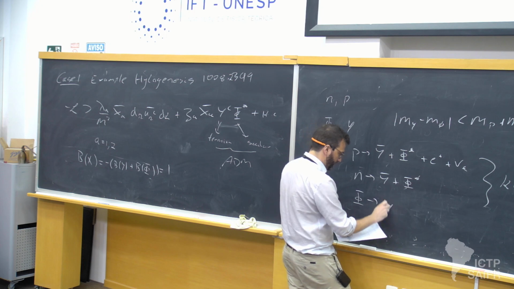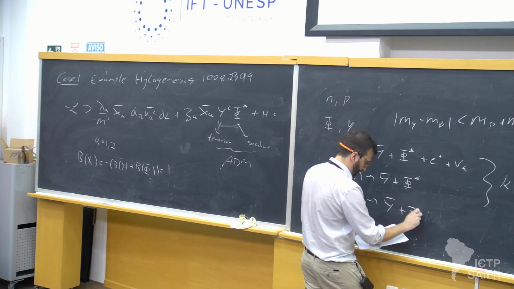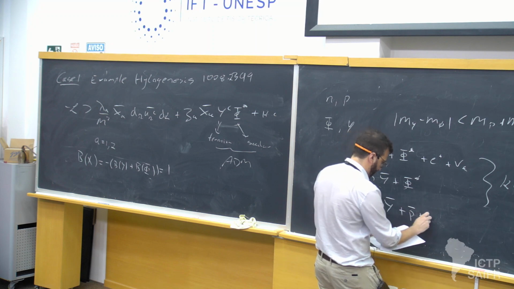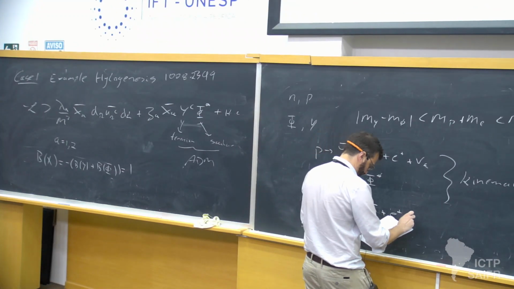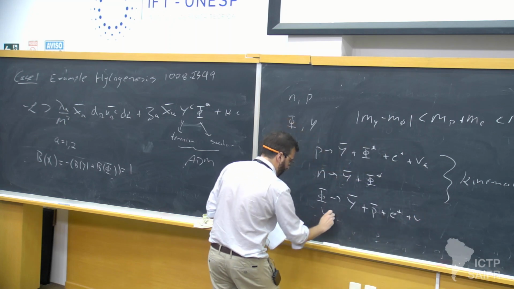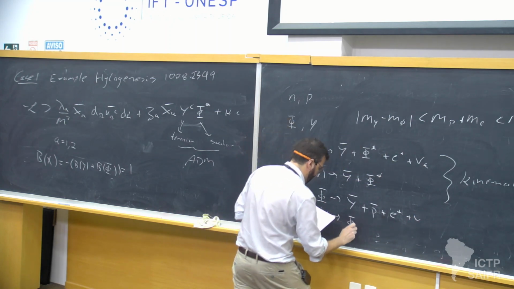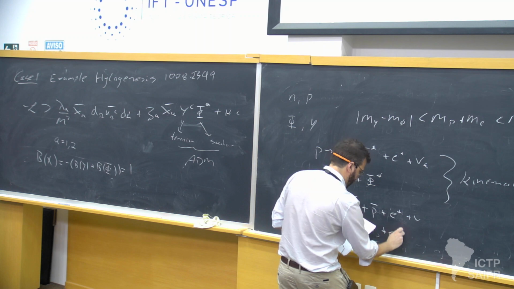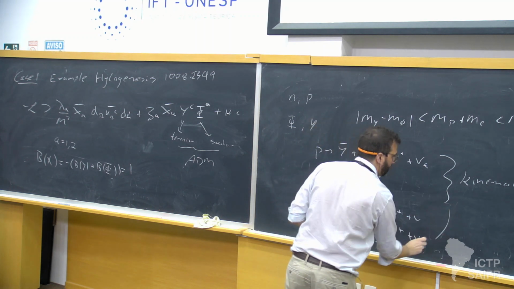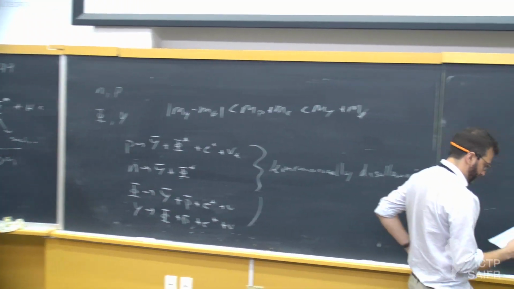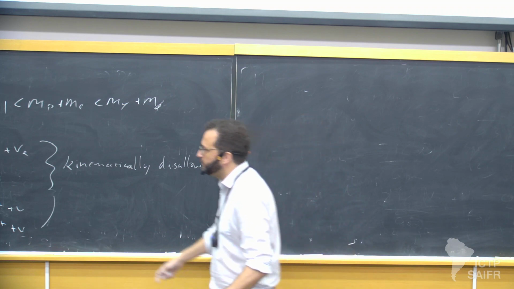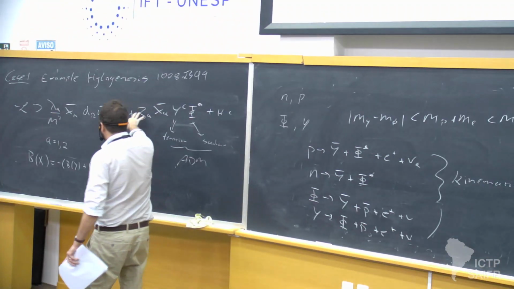Okay, and phi to P bar, e plus, neutrino. So these are all kinematically disallowed. So the dark matter and the baryons are stable, okay? Otherwise, they could decay through these operators.